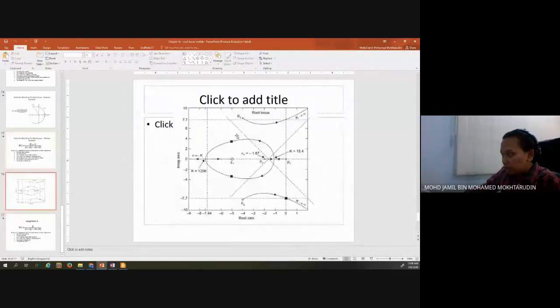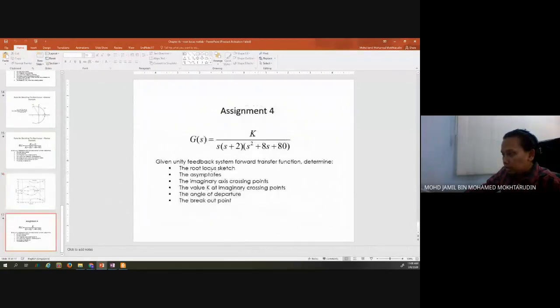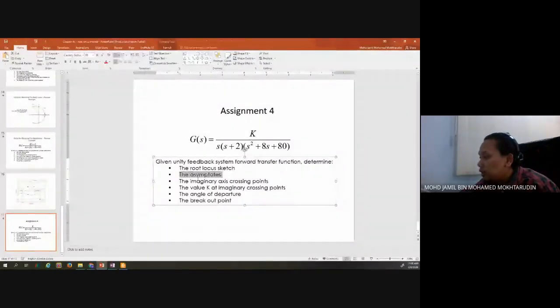So the root locus is already given here, but you need to determine all the necessary rules, like asymptote, imaginary axis, and so on. So the best practice that I asked your previous seniors to follow is to determine all of this first.